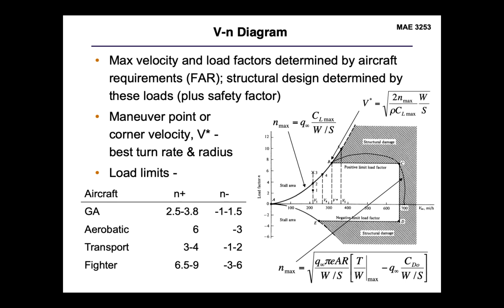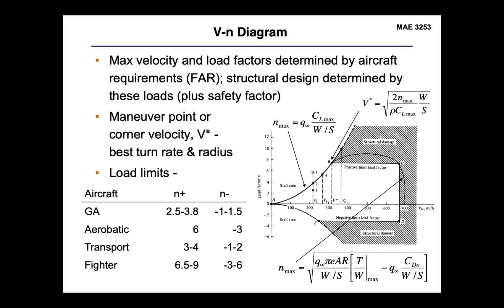So typically, things such as general aviation, a transport aircraft, they're going to range in the around 2.5 to 4 or so in the positive load factor, and the negative load factor, where we essentially are looking at pull down maneuvers, where now we have negative G loading acting on our aircraft, is going to be somewhat lower than that, because we don't expect to see those same types of maneuvers as often or as severe during our typical aircraft operating flight envelope.